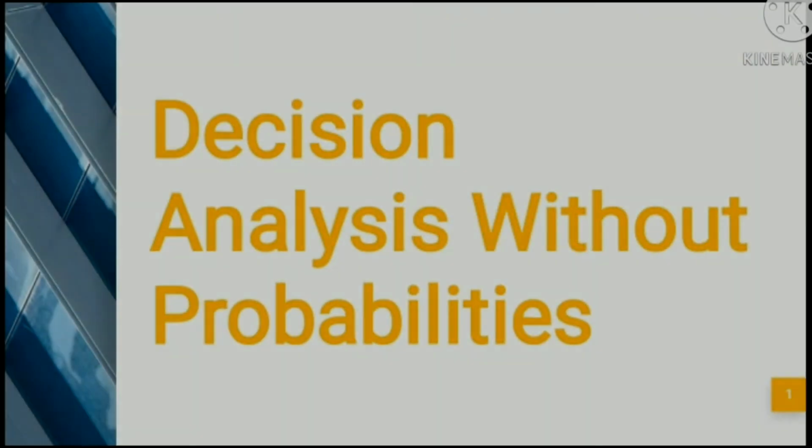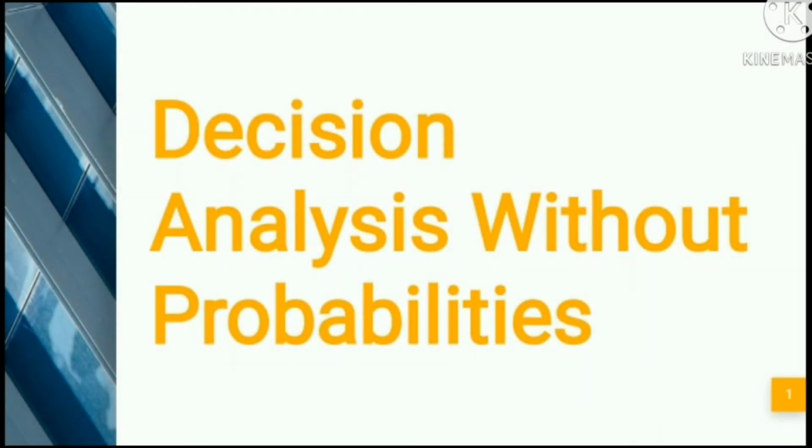Next is decision making with and without probabilities. First, let's discuss what decision making without probabilities is. Here, we consider approaches to decision making that do not require knowledge of the probabilities of the states of nature.